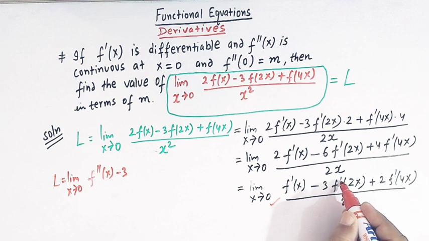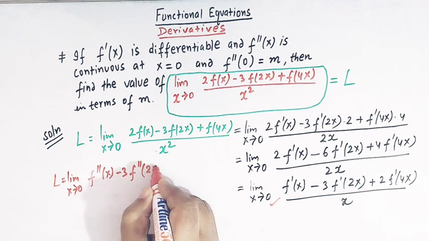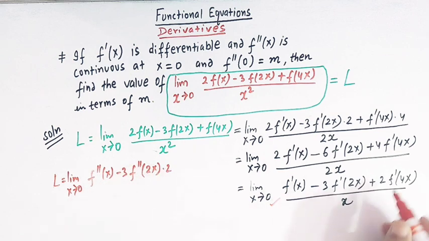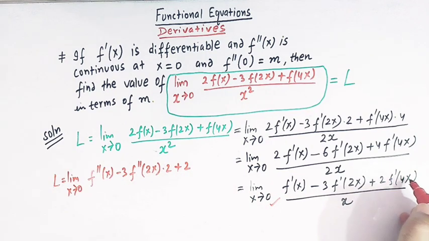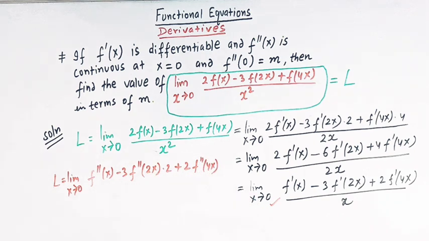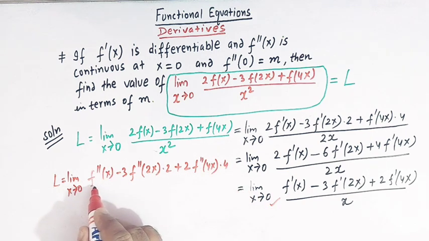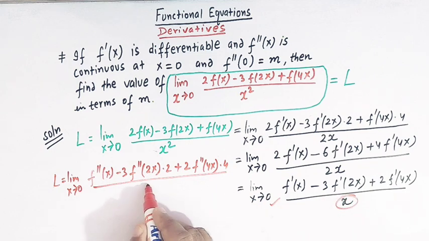The derivative of f prime of 2x is f double prime of 2x, and then the chain rule applies here. We have 2, then here we have 2, and the derivative of f prime of 4x is f double prime of 4x, and here we have by chain rule the factor 4, right? And in the denominator, the derivative of this x is 1.